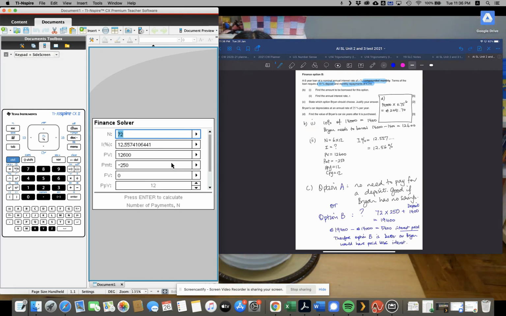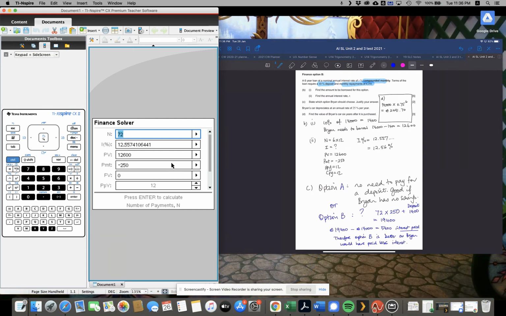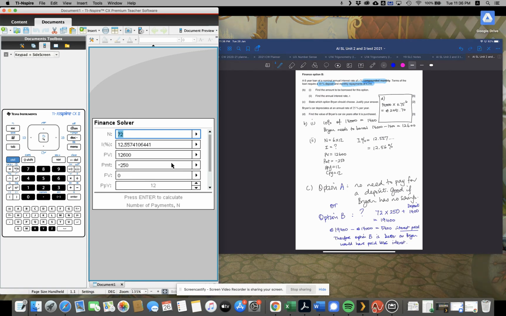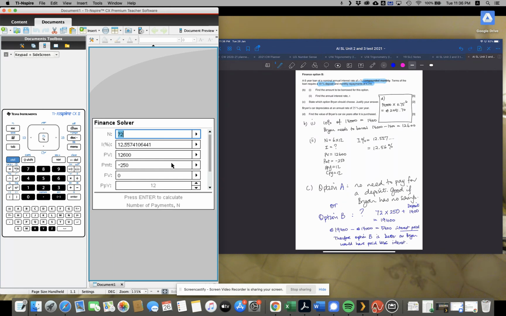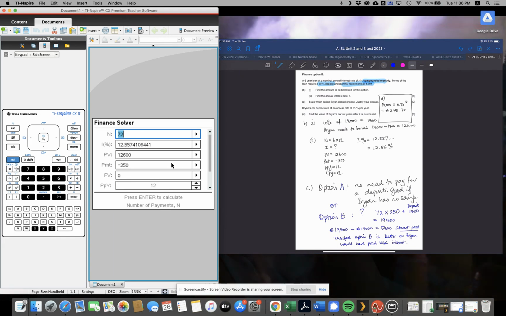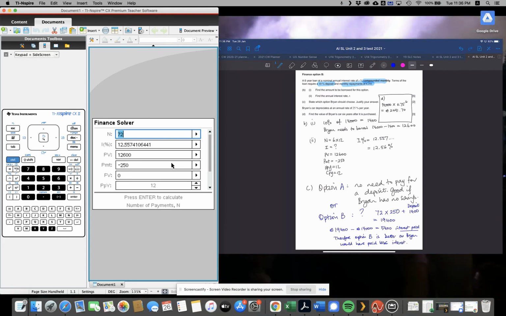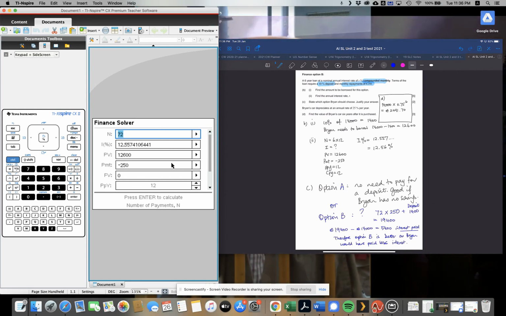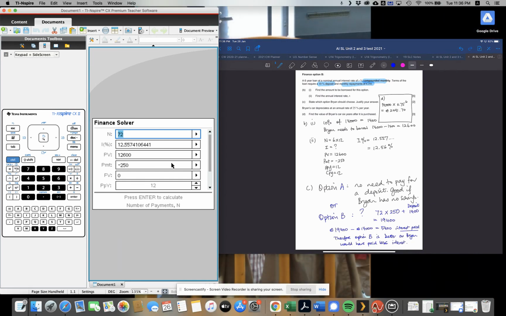Because if you only use it for annuity or amortization, meaning repaying a loan, like this question, it is not enough practice. So make sure when you have time, go back to the unit and practice more, focusing on how to use the GDC to get the correct result each time.